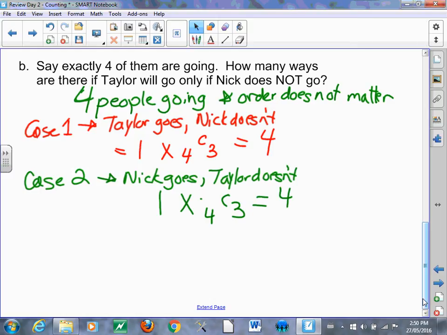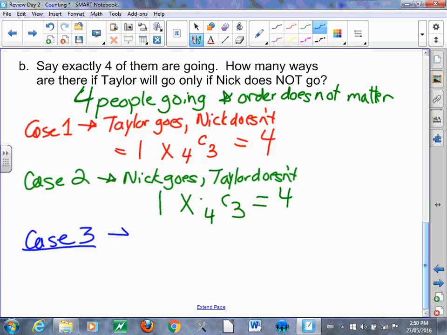Okay, now there is one other case. Case 3 is if they both don't go. If they both don't go, that means there's only 4 people left and all 4 of them have to go, which equals 1.